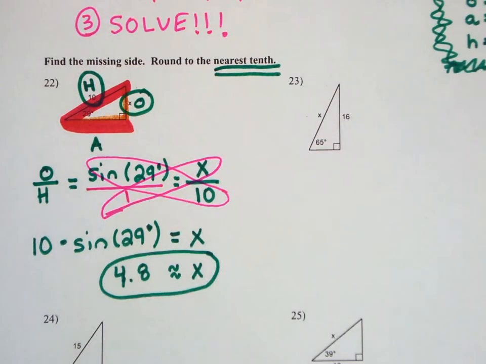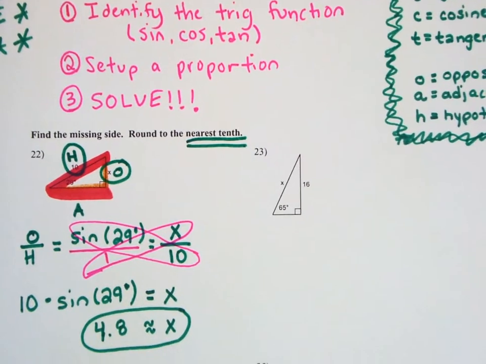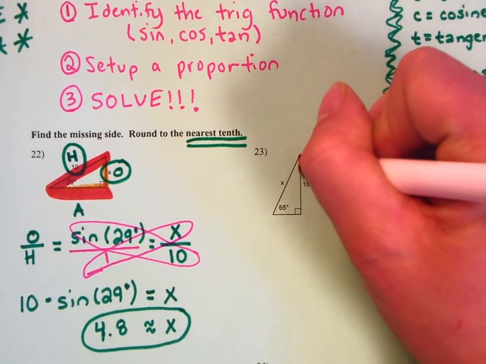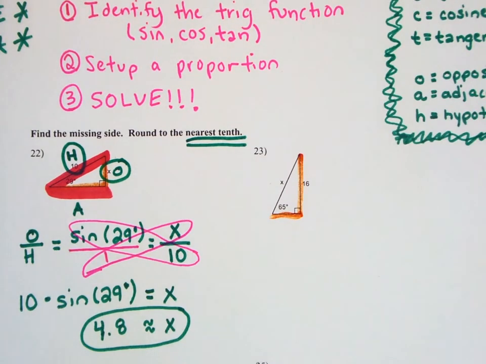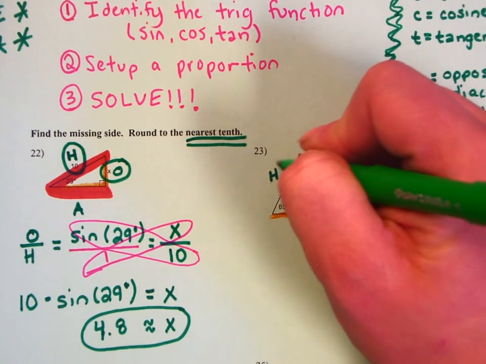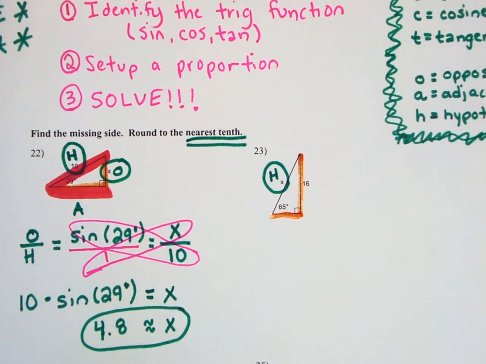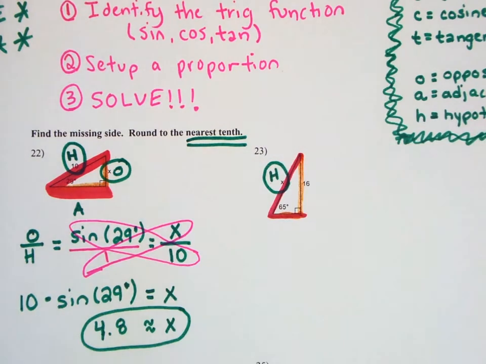Okay, on problem 23, let's go back up to our steps. First of all, we need to identify the trig function. So we're going to highlight the two sides of our right angle to find the hypotenuse. I know that my hypotenuse is x. I have information about it, so I circled it. I'm going to highlight the two sides of my angle in question in order to find my opposite.